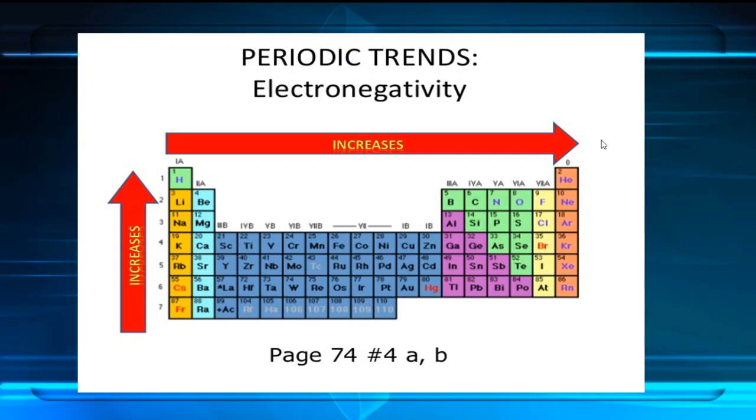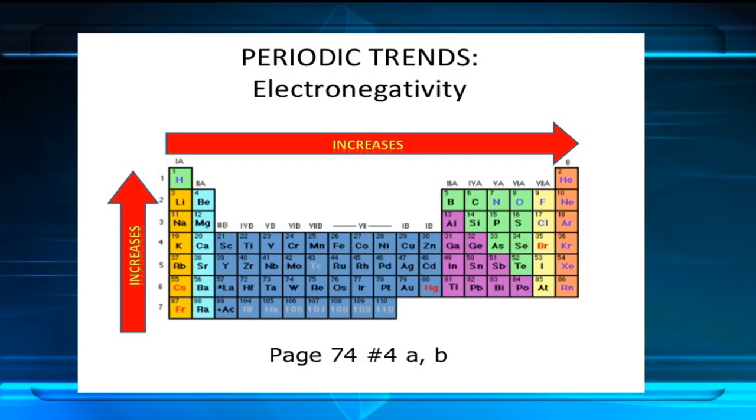Why does that happen? Well, once again, as you increase the protons in the center, you're having more attraction of the electrons. And as you go across a period on the periodic table, you're not having the rings increase. So the radius is not increasing, it's actually decreasing. And so it's exposing that really positive center more.